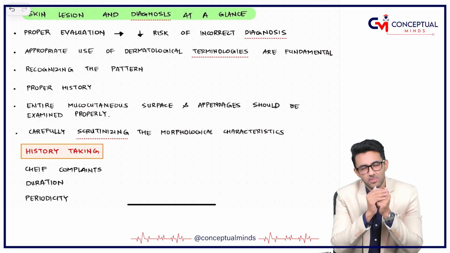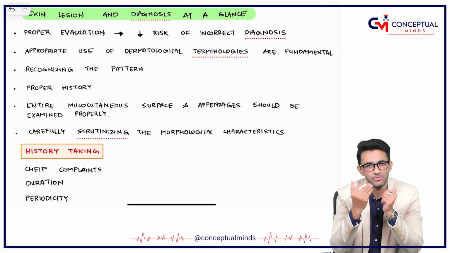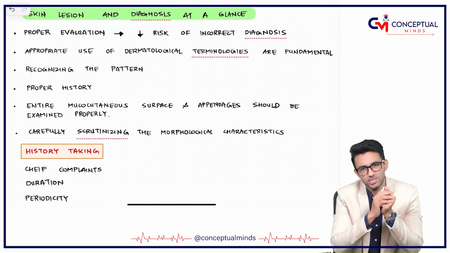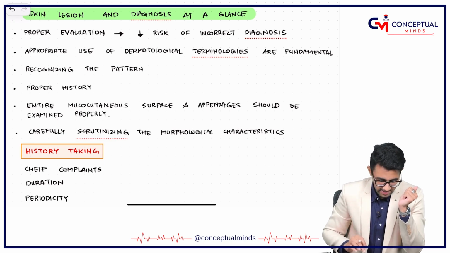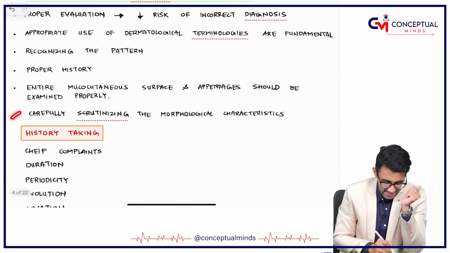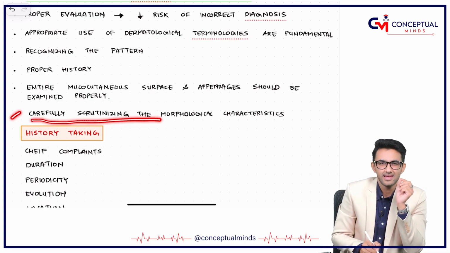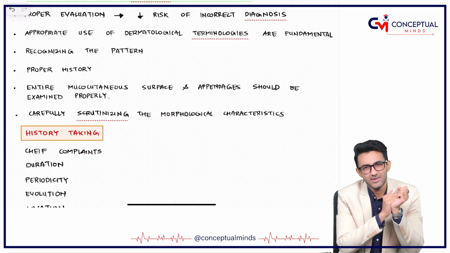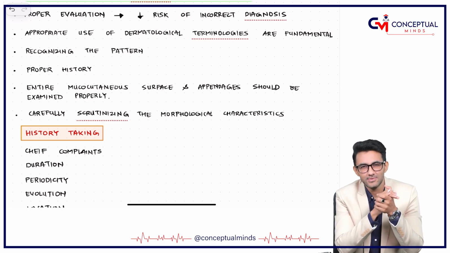And just to give an example, seborrheic dermatitis, even though it can happen anywhere on the skin. So we have to have a proper thorough check of the appendages as well. And the last point over here is we have to have a proper scrutinization of all the morphological characters. This is something we all do, right? We get into all the nitty-gritty details about everything in medicine.